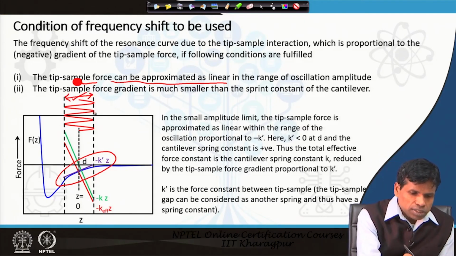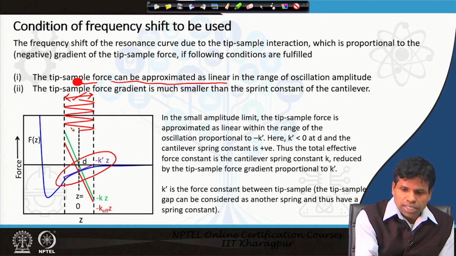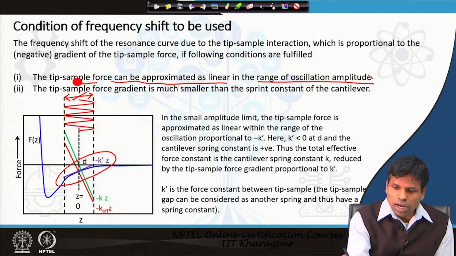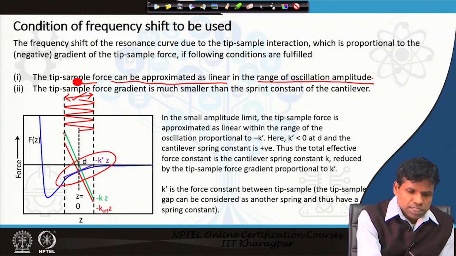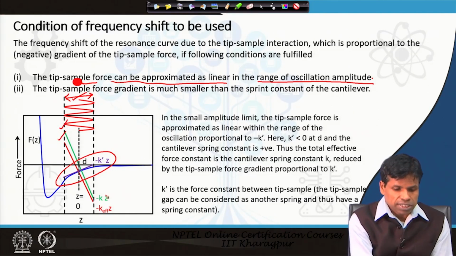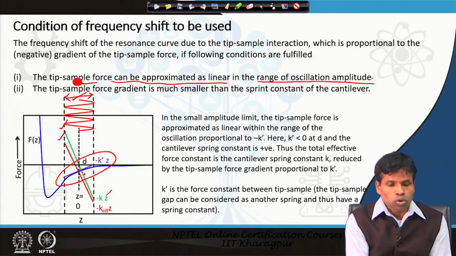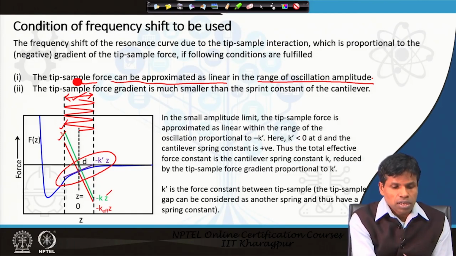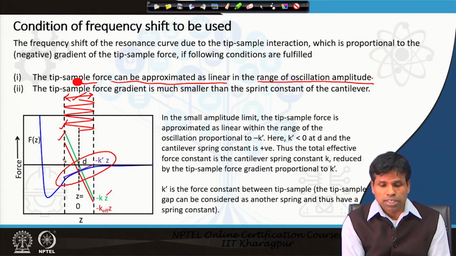With a particular range of oscillation amplitude, this force versus distance graph, or the spring constant z values, is linear. So, the linear region can be used for tip sample force interaction.